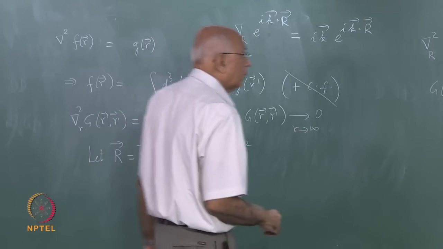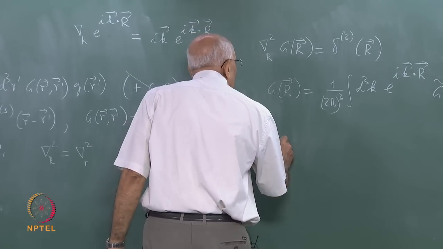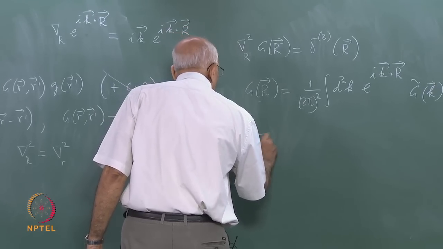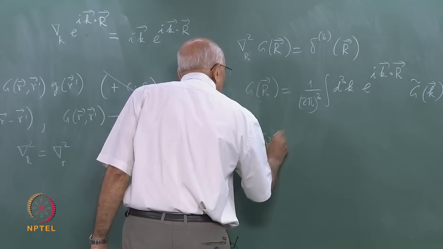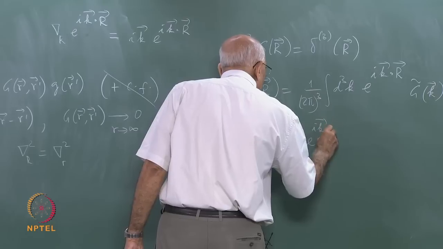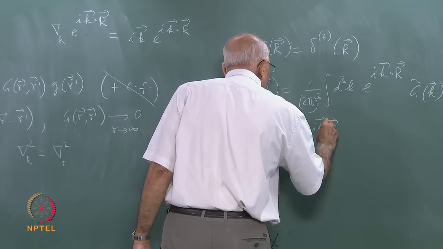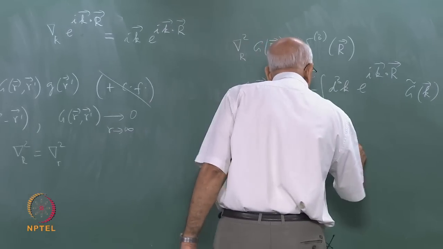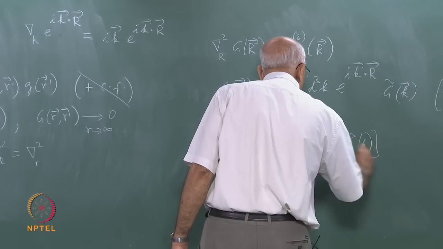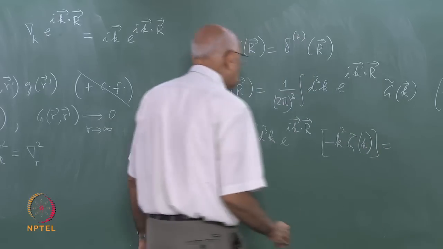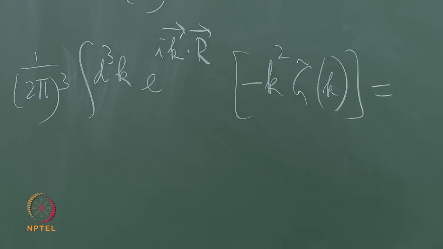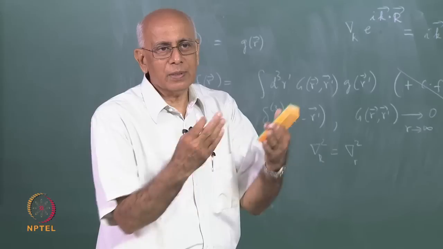So let us put that in right away. This says 1 over 2 pi whole cubed integral d3k e to the i k dot r minus k squared g tilde of k is equal to, on the right hand side, the delta function, but we can write the delta function itself in terms of this exponential, right?